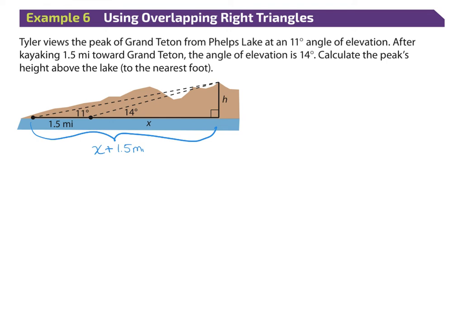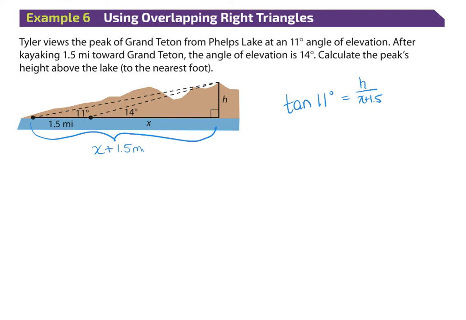We're going to use tangent actually because we don't know our hypotenuse and I don't want to calculate it. So the tangent of my 11 degrees, that's this first triangle, should equal my opposite, that's height, over my adjacent, which is the x plus 1.5. Correct? So far, so good.